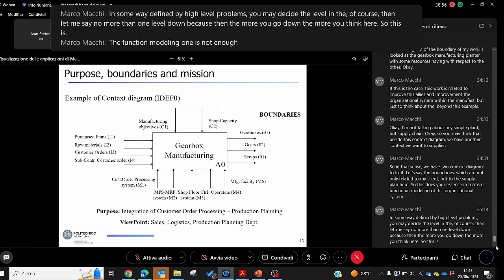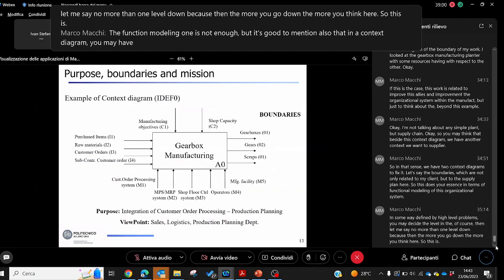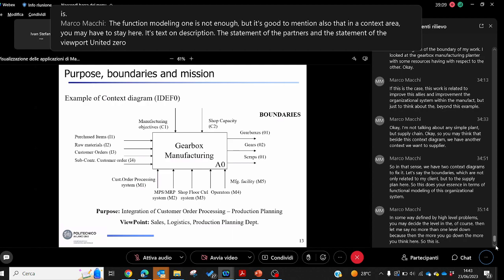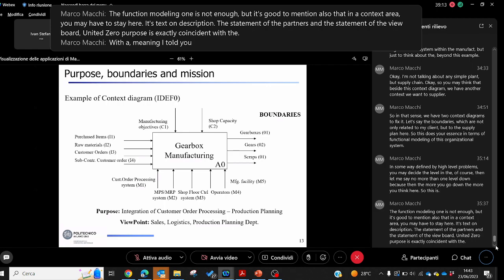It's good to mention also that in a context diagram, you may have two statements. It's a textual description: the statement of the purpose and the statement of the viewpoint. In item 0, purpose is exactly coincident with the meaning I told you. It is a statement of the reason why I'm committing to a study of system and engineering, re-engineering the system.